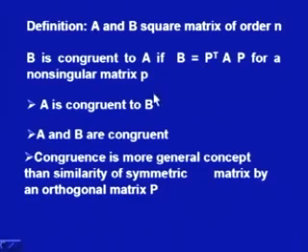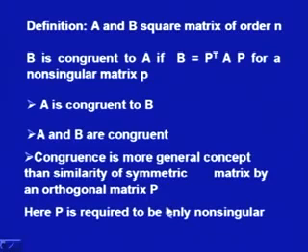But congruence is a more general concept than similarity of symmetric matrices by an orthogonal matrix P. Hence, for this concept we require P to be non-singular, which is not the case in this relationship.